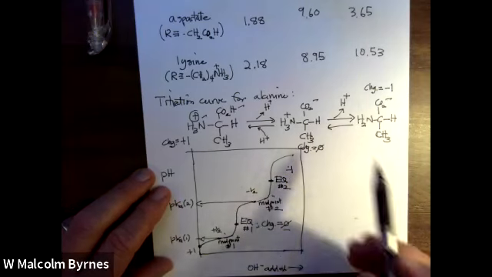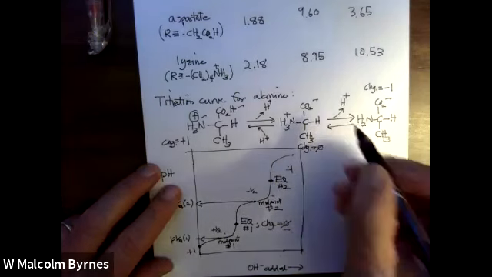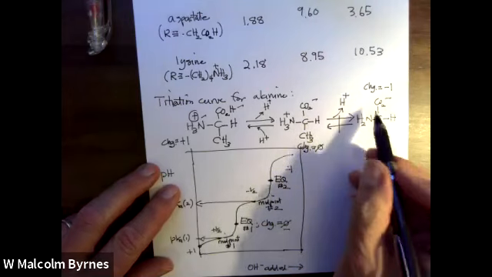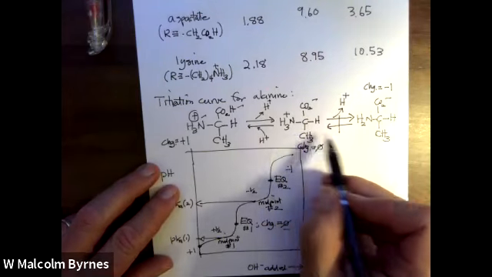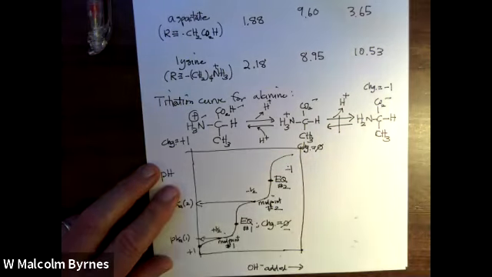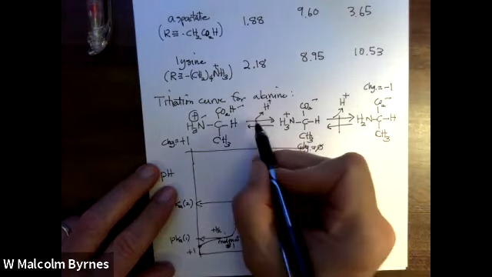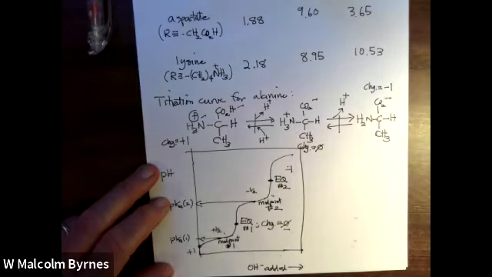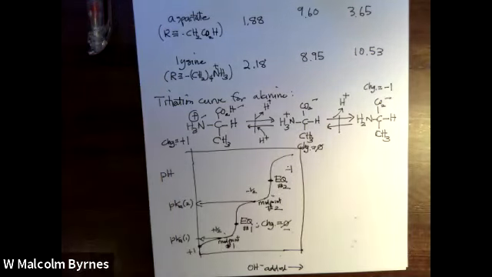Because at the second midpoint, we have equal amounts of two species, one of which has -1, the other 0, and so the overall average charge is -1/2. Whereas for the first midpoint, it's between +1 and 0, so it's +1/2. So we can make sense of all this.